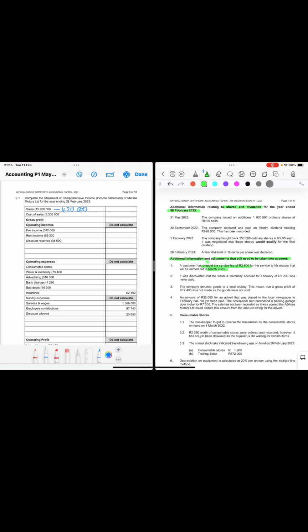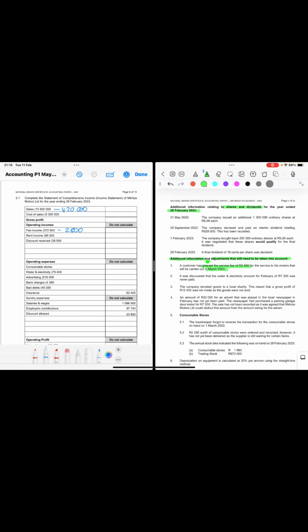And we are already told that it was a prepayment. So now that service fee, that income, is income received in advance. So that 2,800 will be subtracted from the fee income we have already, because it does not belong to the current year. We haven't earned that income yet. It's income received in advance.